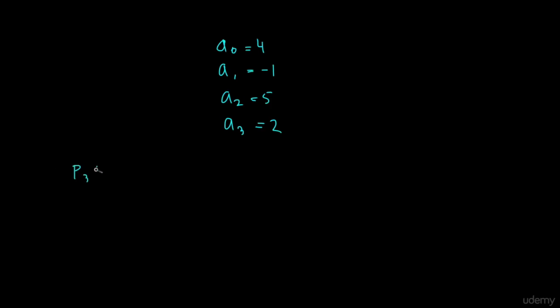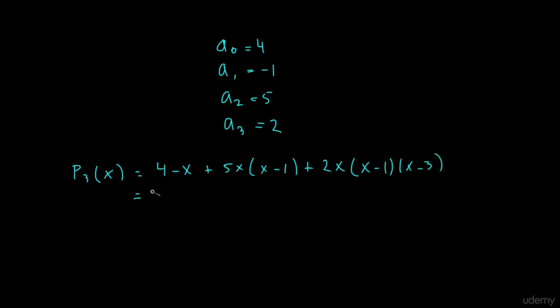So P3 of x is equal to 4 minus x plus 5x times (x minus 1) plus 2x times (x minus 1) times (x minus 3). And this simplifies to 2x cubed minus 3x squared plus 4.